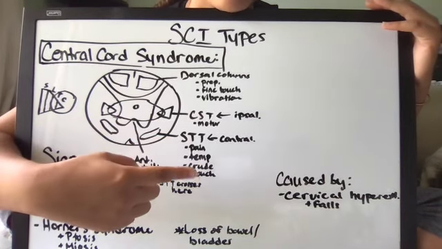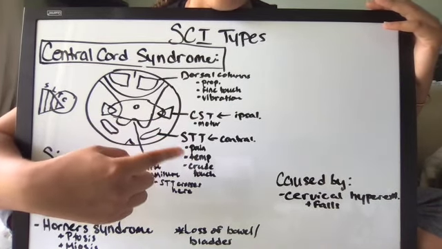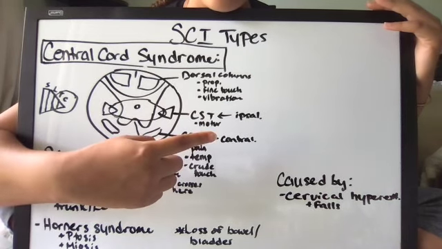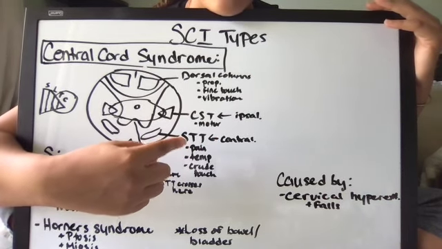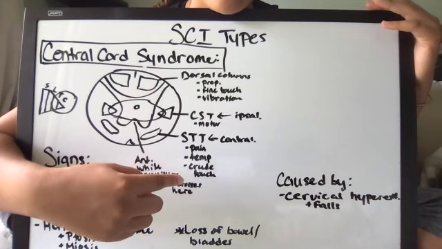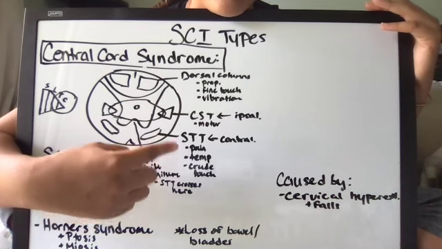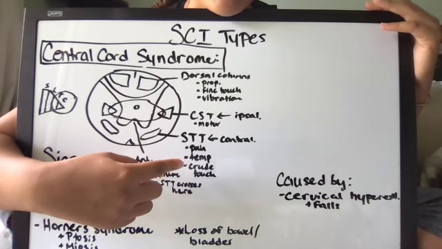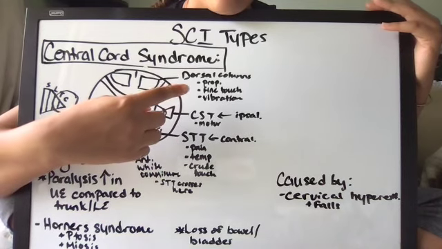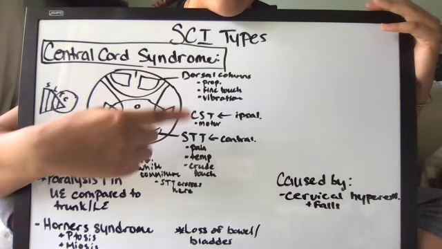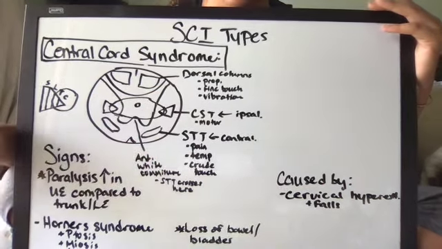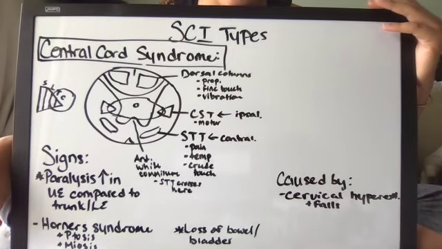Whenever you have damage to those, you're going to have opposite side, contralateral, pain, temperature, and crude touch loss. Do note the difference between crude touch and fine touch. Fine touch is dorsal columns, crude touch is spinothalamic tract. Alrighty, so that pretty much covers it.